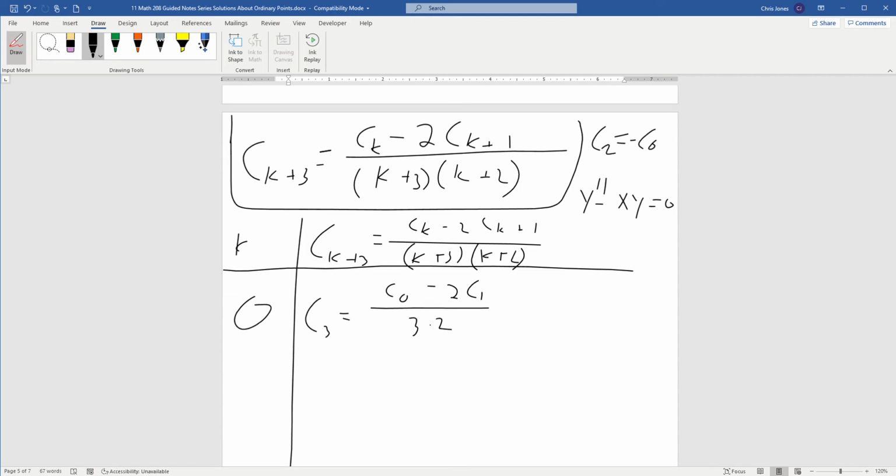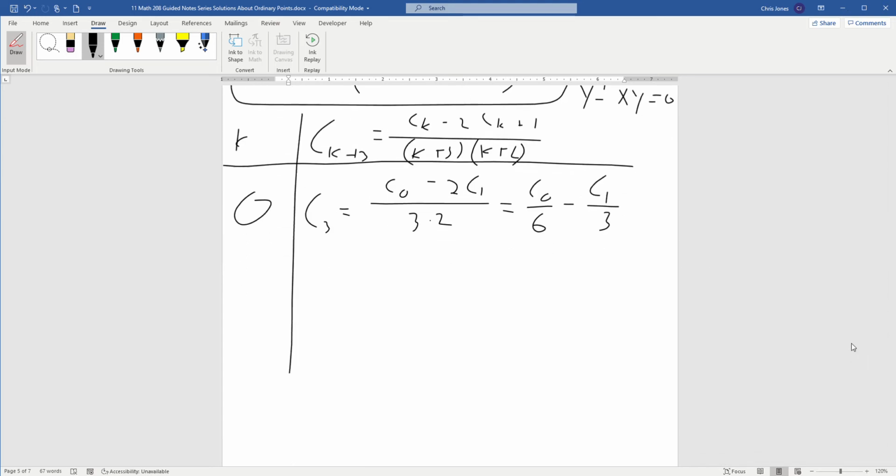We're going to hold on to that in case we can simplify further. Another way we can write this is c naught over 6 minus c1 over 3, if we wanted to break it up into two smaller fractions. And we'll see there might be a benefit to that.